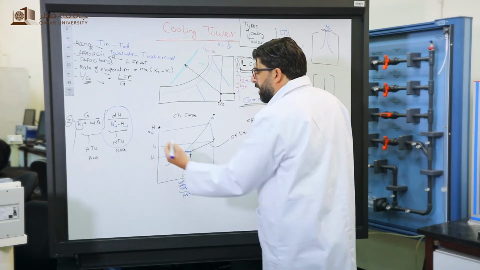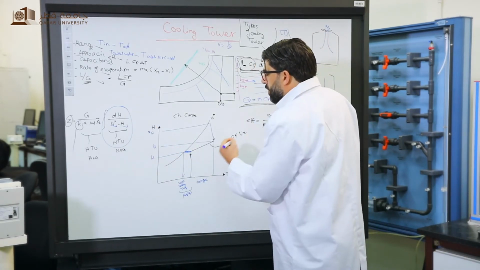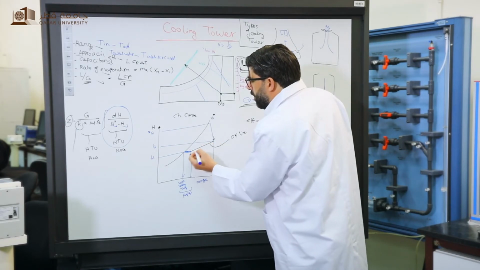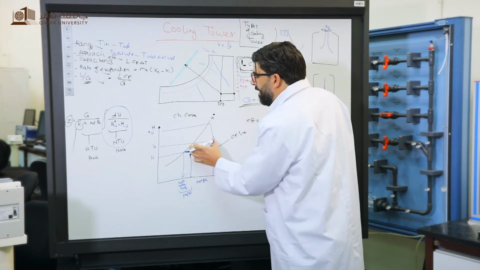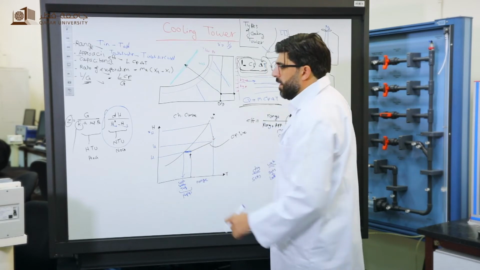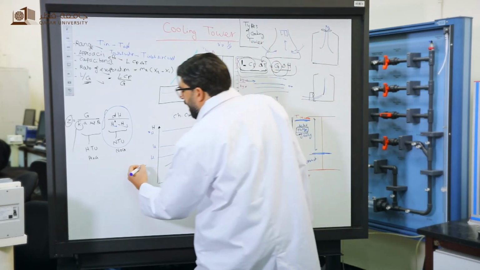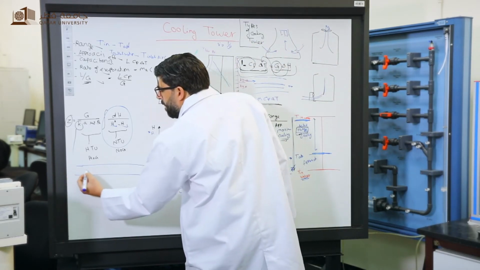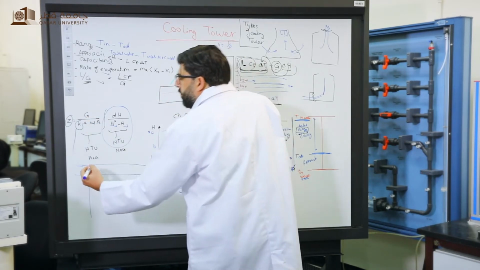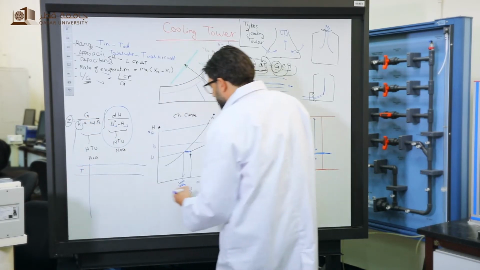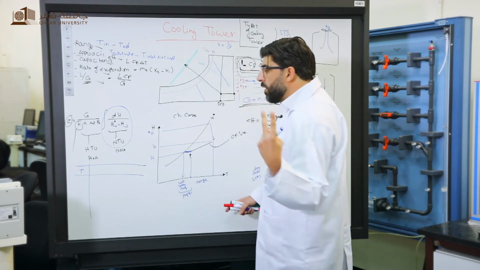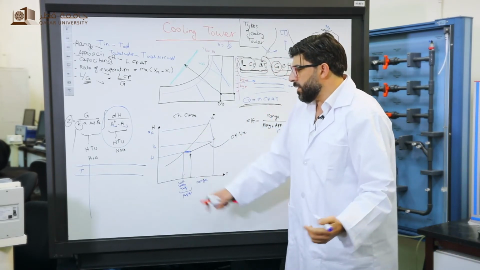So I should integrate along the column, the cooling tower, from the first point to the last point. I should integrate the area behind this curve. So let's create a table like this. First, we have different temperatures. You only have 2 known points: the inlet temperature and the outlet temperature.